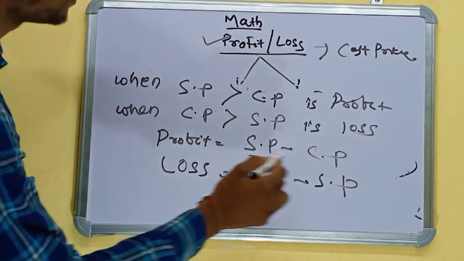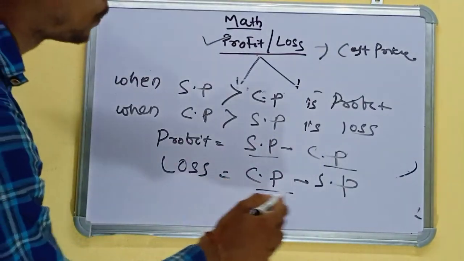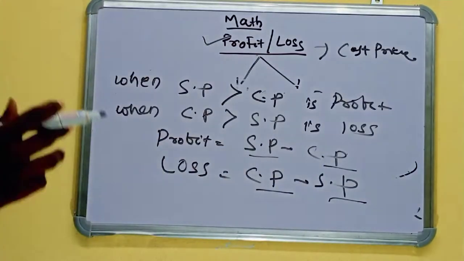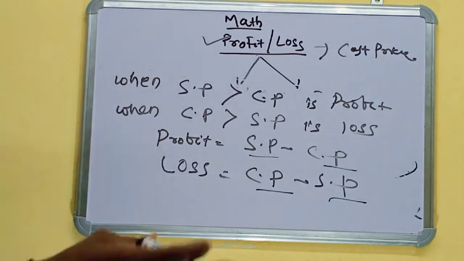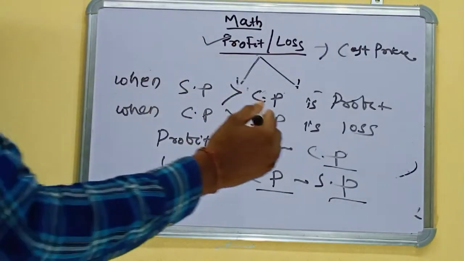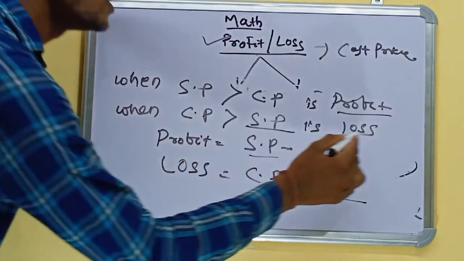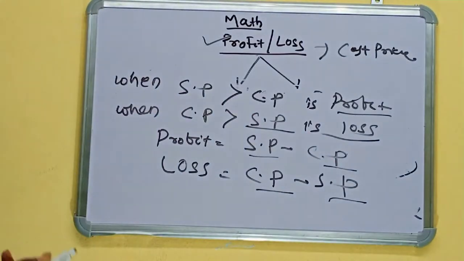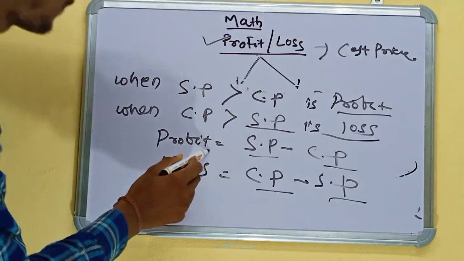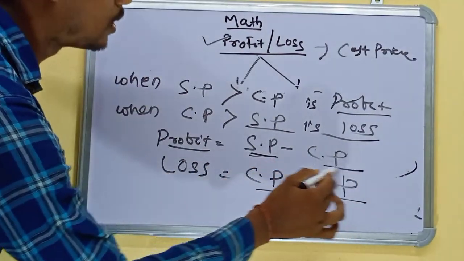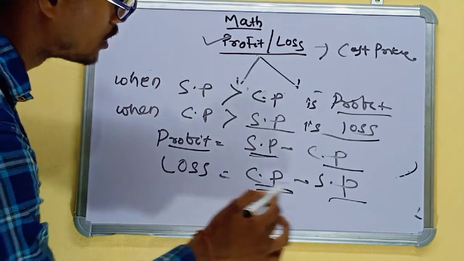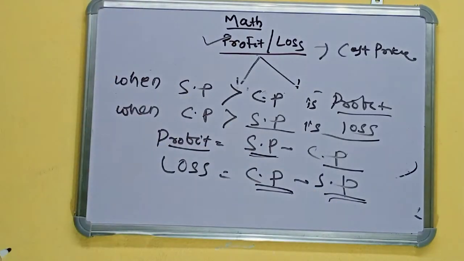When SP is more than CP, it must be profit. When CP is more than SP, it is loss.